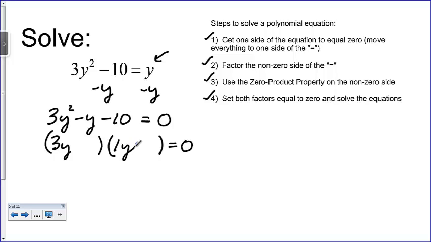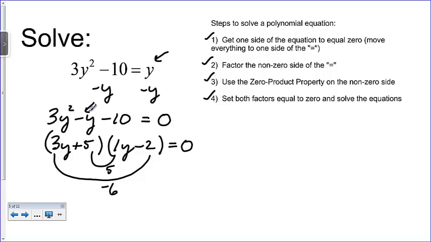I need my two numbers to multiply to give me negative 10, and the product of the outside coefficients plus the product of the inside coefficients must equal negative 1. How about if I put a minus 2 here and a plus 5 here? Because 3 times negative 2 is negative 6, and 5 times 1 is 5. Add those two together and I get negative 1, which is what we want.